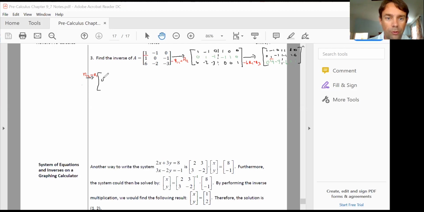So I have a 0, I have a 1, I have a negative 1, and I have a negative 1, I have a 1, and I have a 0 there. Underneath it, I have a 0, a 4, a negative 3, and then I have a negative 6, a 0, and a 1.